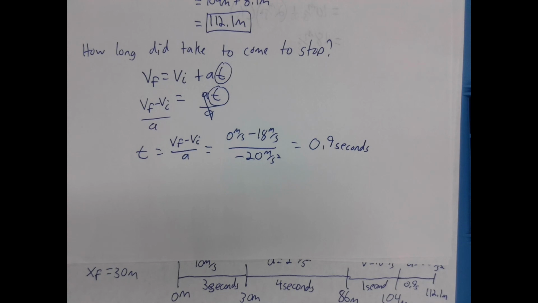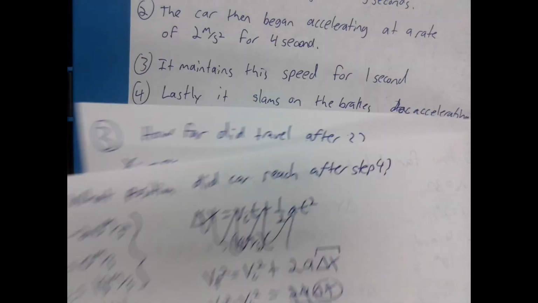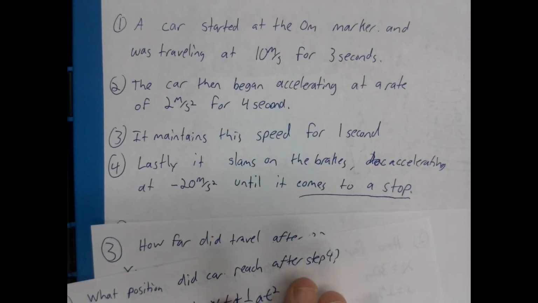Does that make sense? It takes a lot of math to get this, but that's what physics is based on, trying to figure out what's going on over the entire problem. This is multi-layered because the car isn't keeping the same acceleration.